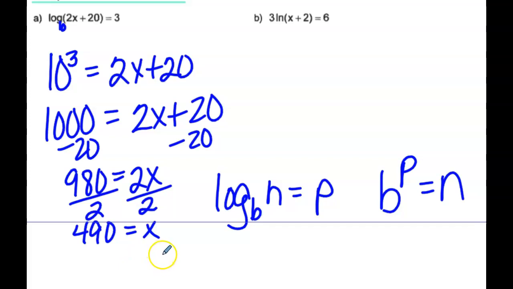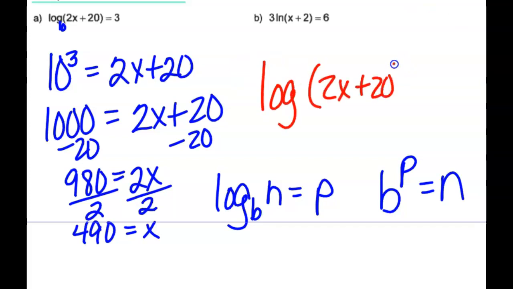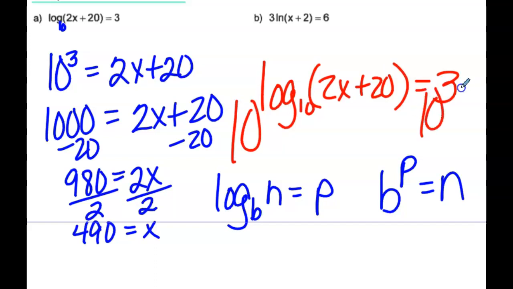Okay. All right. Backing up a minute, some teachers teach it this way. They would say the log of 2x plus 20 equals 3. This is a base 10. So then they say we're going to exponentiate. In other words, we're going to put each side in the exponent.